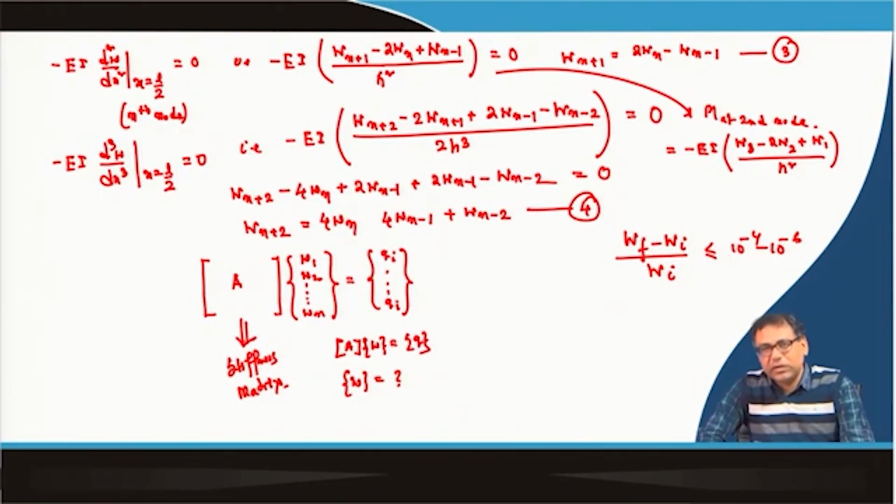Understand? That means you have to increase the divisions and your h value will reduce, and you will find that after a certain increase of the divisions, your deflection value will not change significantly, or it is within the tolerance limit. So, you decide the h value at that point, and that h you have to consider for all other calculations.